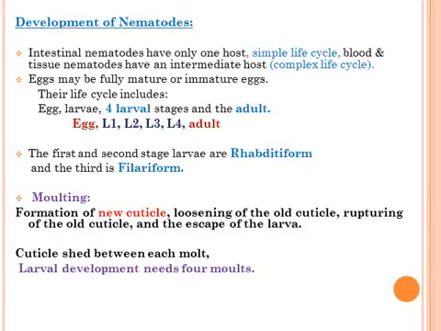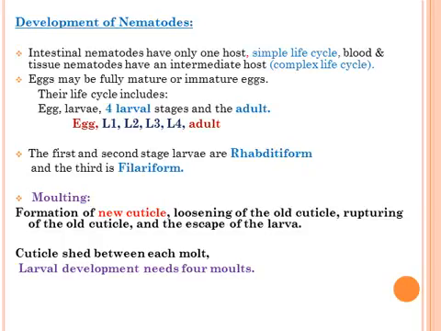Their life cycle: when the adult female produces eggs, the eggs develop to the larva, and in nematodes there are 4 larva stages. So there is larva 1, larva 2, larva 3, and then it develops to the adult, so there is an adult male and female. After sexual multiplication, the female produces eggs.